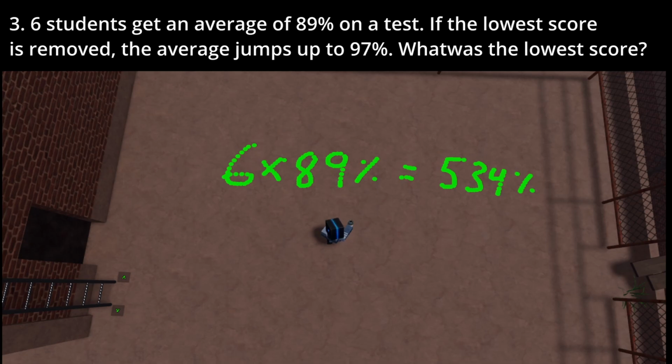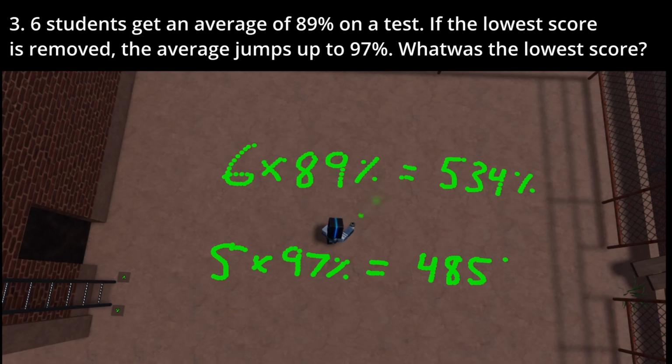Now, what I'm going to do is do the same thing with a 97% average. To do this, I'm going to do 5 times 97%. And the reason I do 5 now is because I took away the lowest score. That's taking away one student's score from this data set. So now we go from 6 to 5. So 5 students average a 97 on this test. And if I do that, that ends up being 485%.